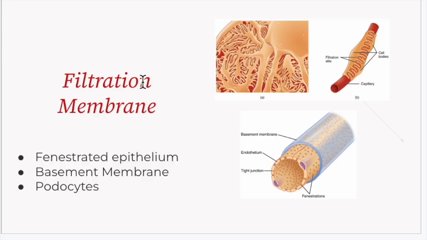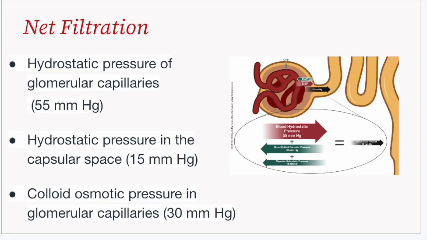So the filtration membrane has, again, fenestrated epithelium, so large openings, a negatively charged basement membrane, which prevents large negatively charged molecules from going through, and then podocytes, which create filtration slits that substances can move through. All right, so back to glomerular filtration.